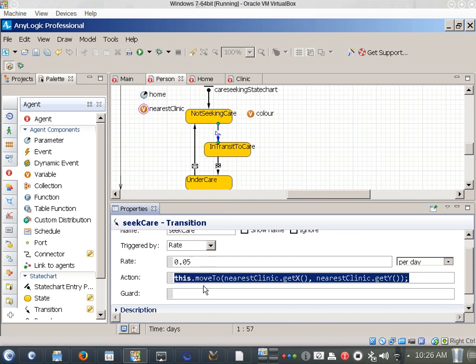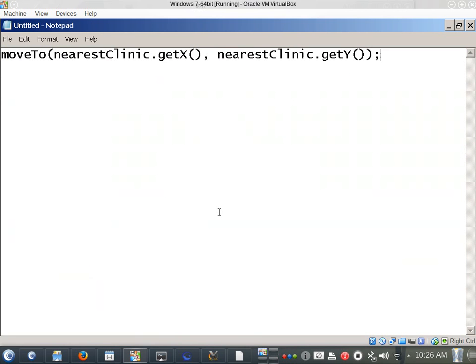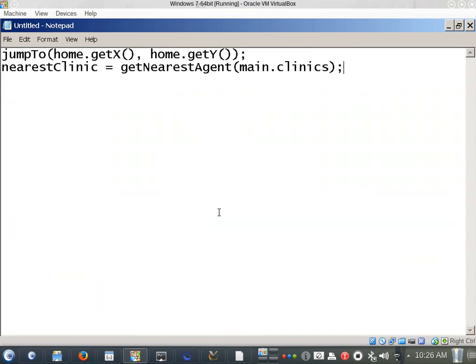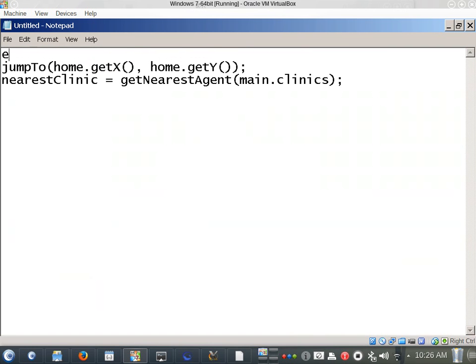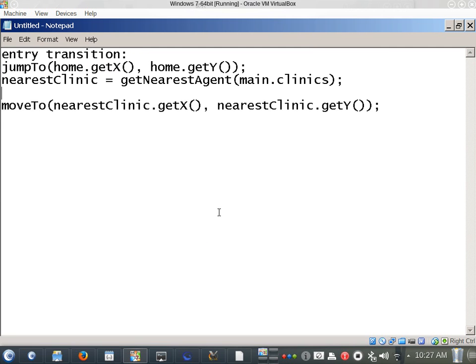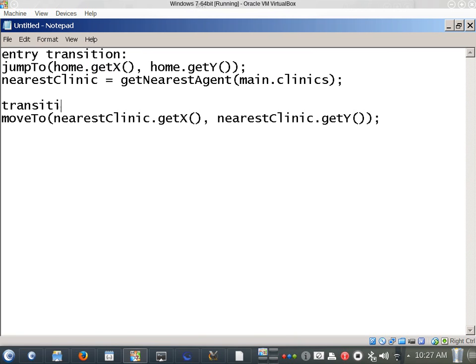It is under its action doing, and I should really be consistent about using this. I think I'm going to remove it from here. There we are. This is for the entry transition, and this is for the transition to enter transit to care.